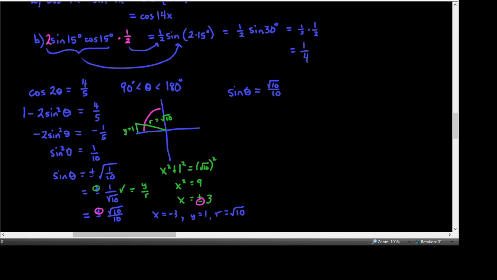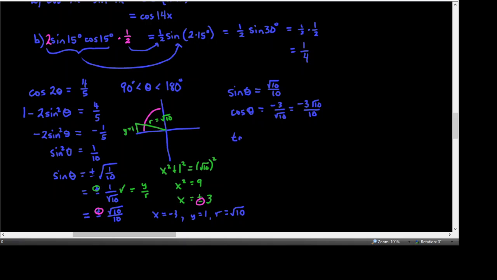We can now find all 6 answers. See, cosine of theta is x over r, negative 3 over the square root of 10, which rationalizes to be negative 3 square roots of 10 over 10.